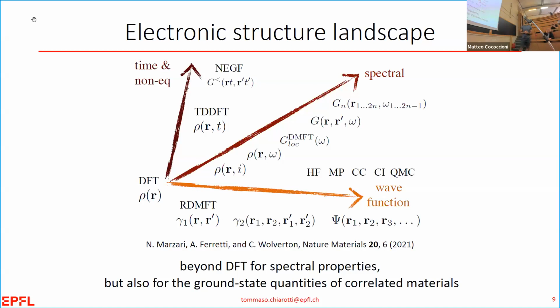And then you have wave function methods, which you want to use if the material is really complex to solve with approximations. So the take-home message is that going beyond DFT in the spectral direction is useful for spectral properties, but also, on the side, you deal with functional approximations that are better for predicting ground state quantities.